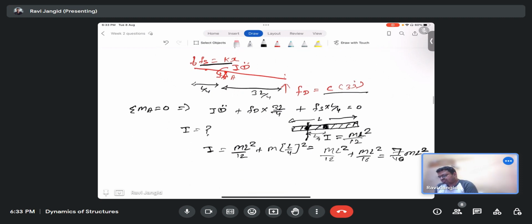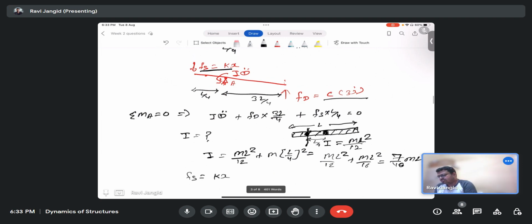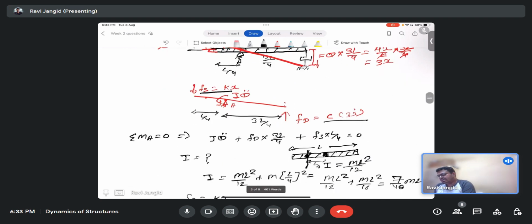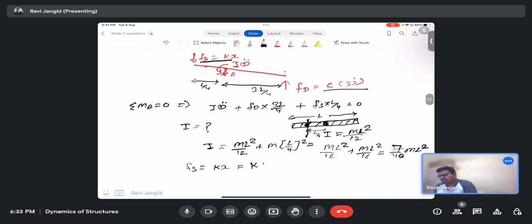So my Fs is k times x, where x would be L by 4 theta, so I can write x as L theta by 4. So that would be k into L theta by 4. Same for Fd: c into 3 into x dot, so that would be c into 3l by 4 theta dot.